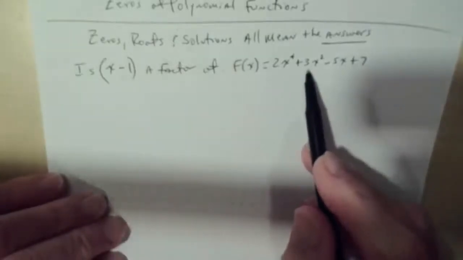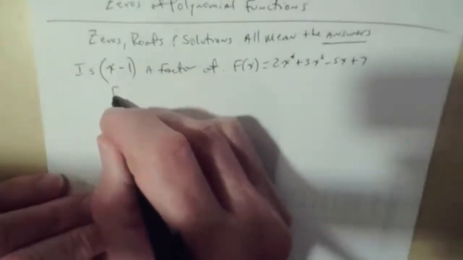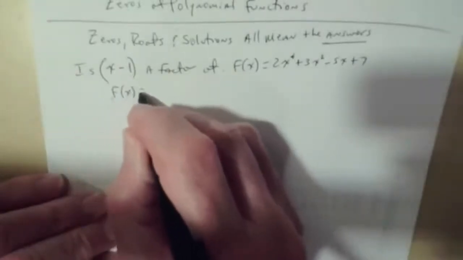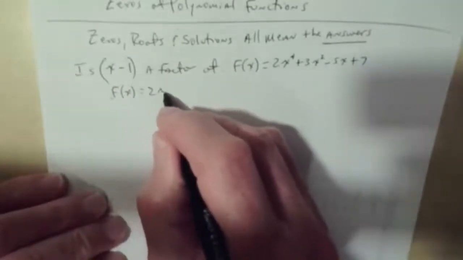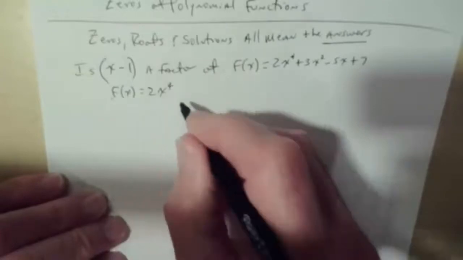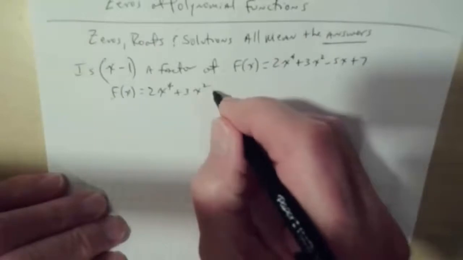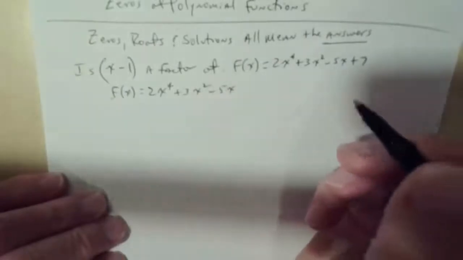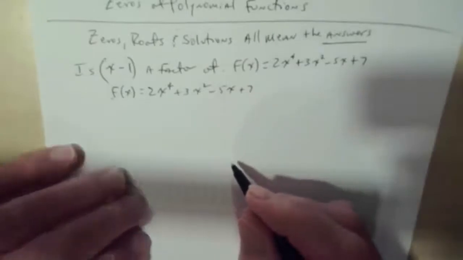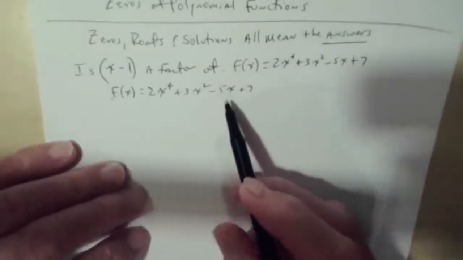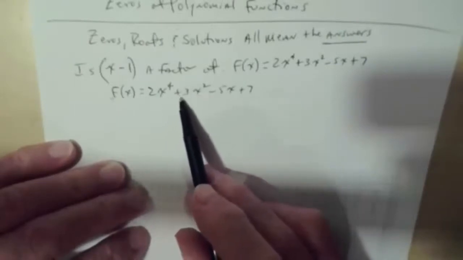Now remember, when we have f of x equals 2x to the fourth plus 3x squared minus 5x plus 7. Do we have all the terms here? No, we're missing a term here.